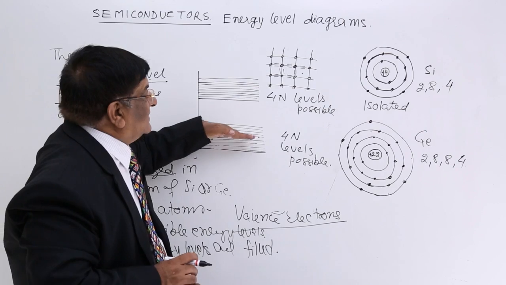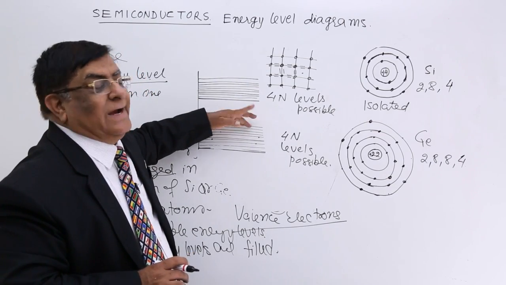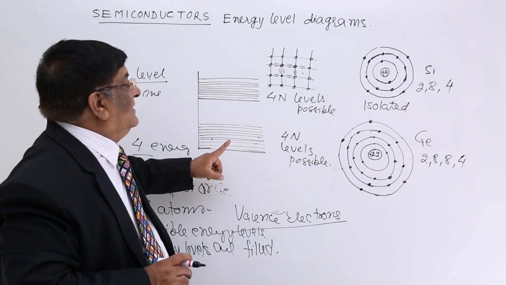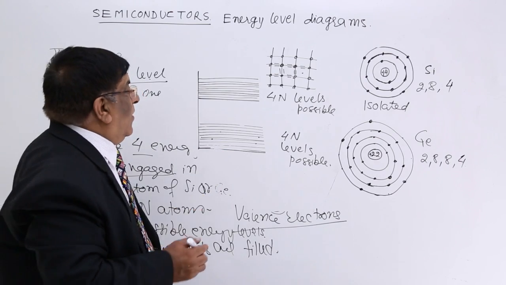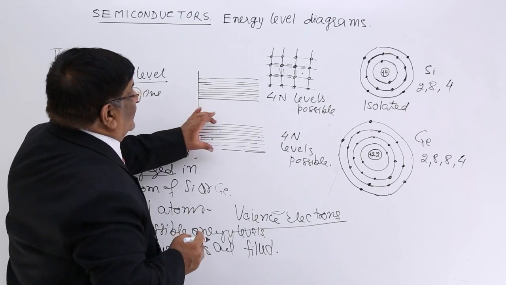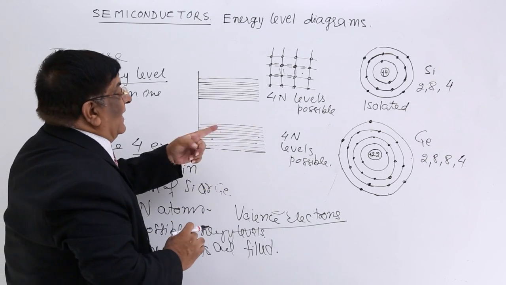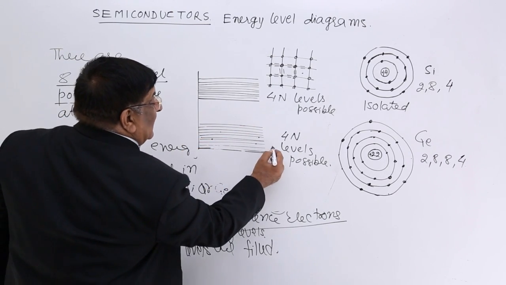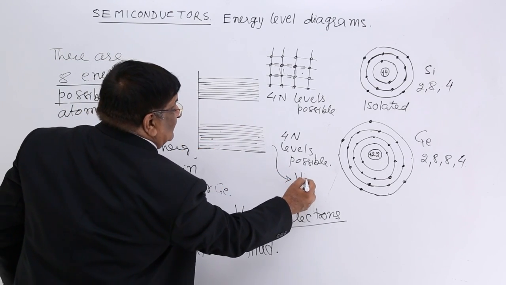They have only this level of energy. So all these levels together make a band, a strip. This we call the valence band.